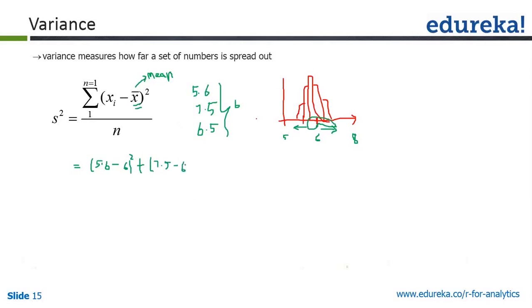So it is again 6 square, and then you take the last observation, in this case it is 6.5, and you subtract it from the mean, you square it, and then you divide it by the total number of observations. In this case it is 3.